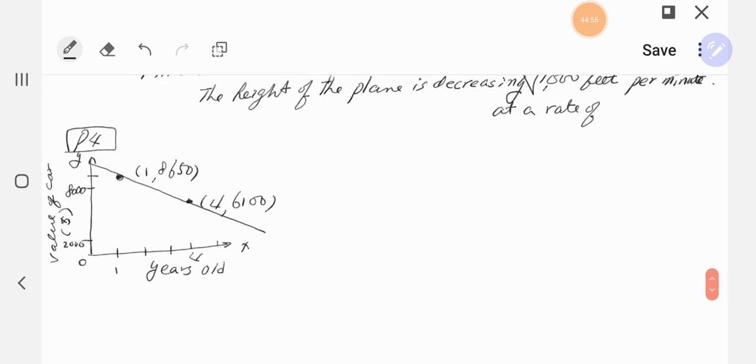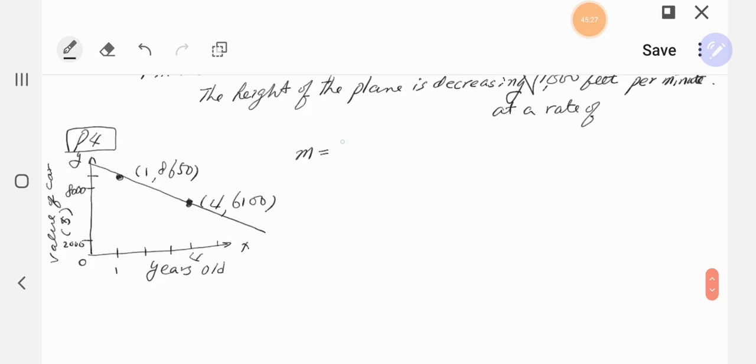When it's bought, I don't know the price, but after 1 year, the value of a car is 8,650, and then after 4 years, the value of a car is $6,100. So the x-axis represents the number of years, and the y value is the value of the car. So let's find the slope.